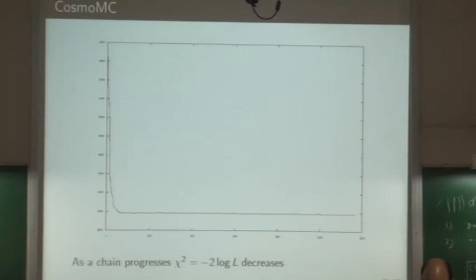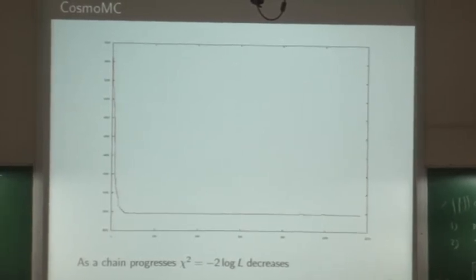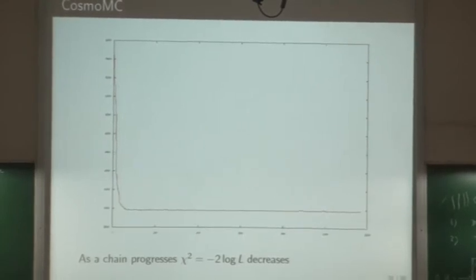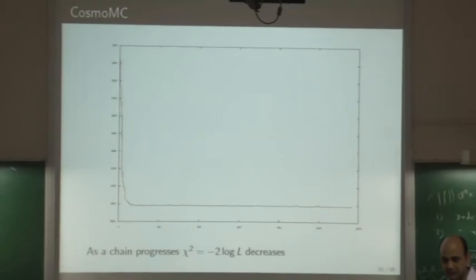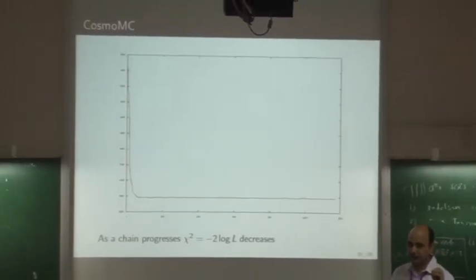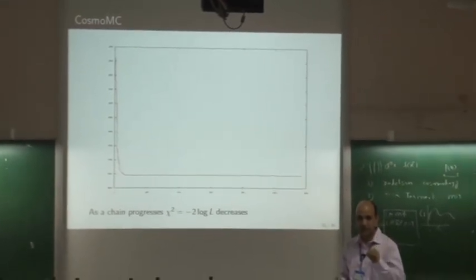Not only that, when the chain progresses, the chi-square also drops. What you are interested in is that in the multidimensional parameter space there is a point at which the likelihood is maximum. We don't know what that point is.